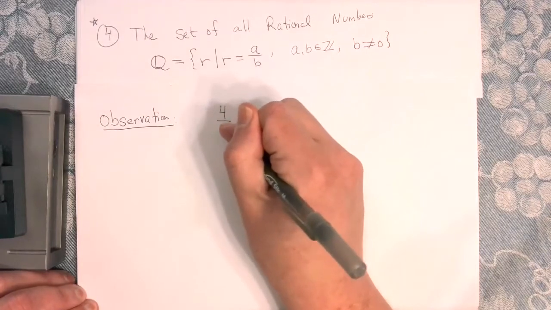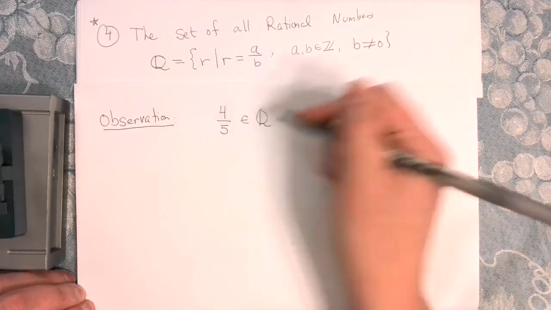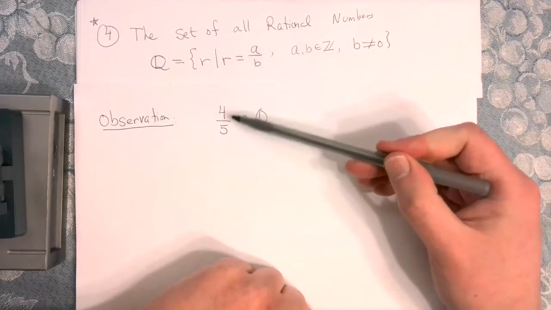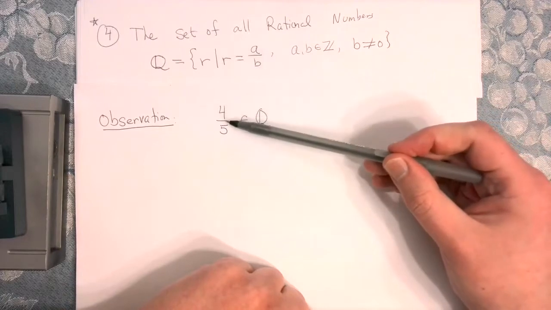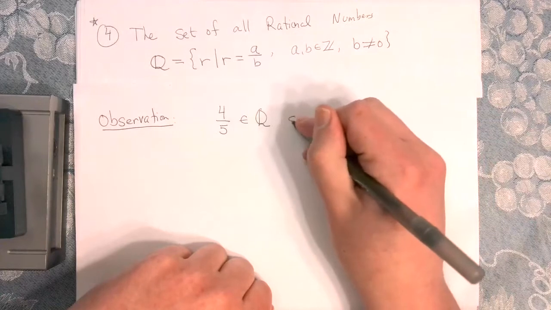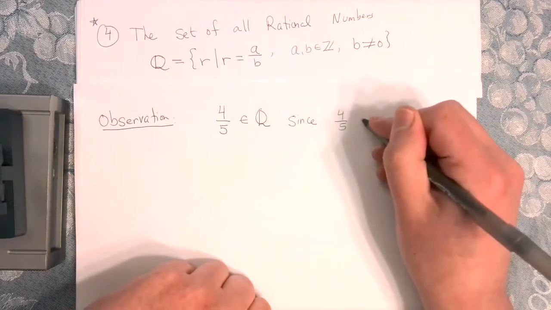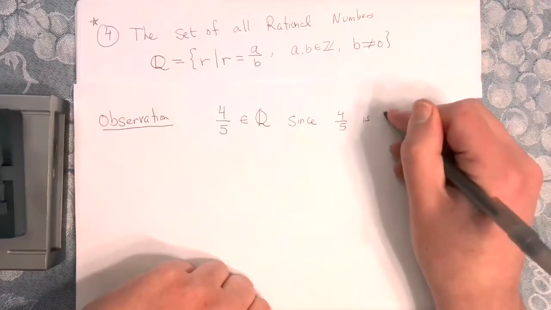Let's note that the number 4/5 is a rational number, exactly because 4/5 is expressed in integer over integer form. And this is true, so let's justify it, since 4/5 is the quotient of integers.